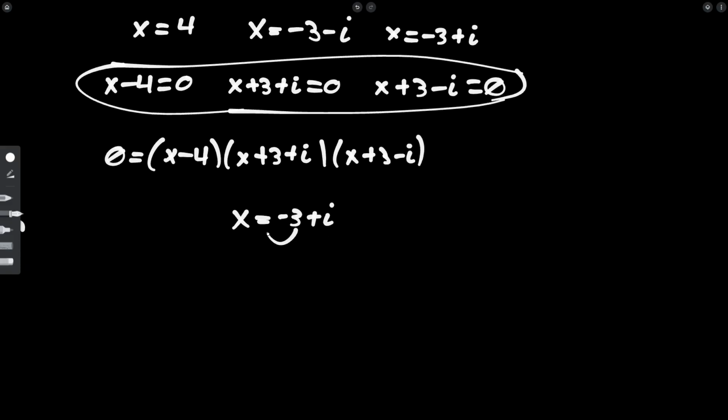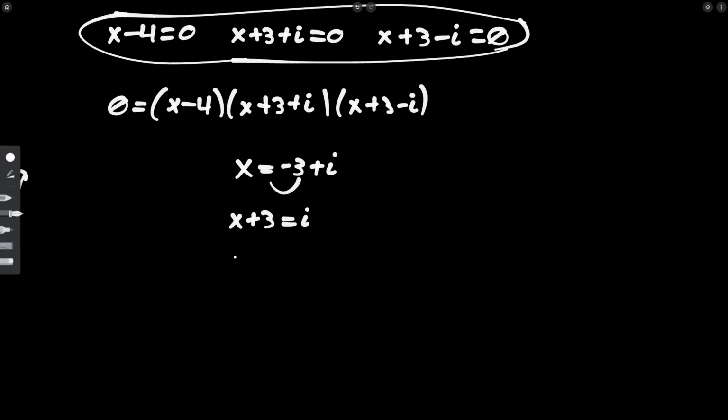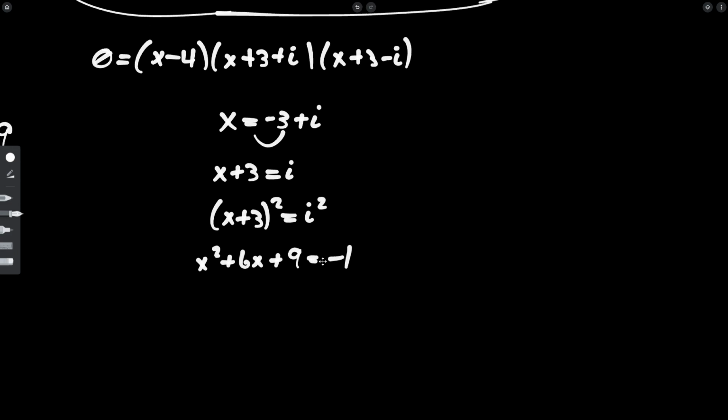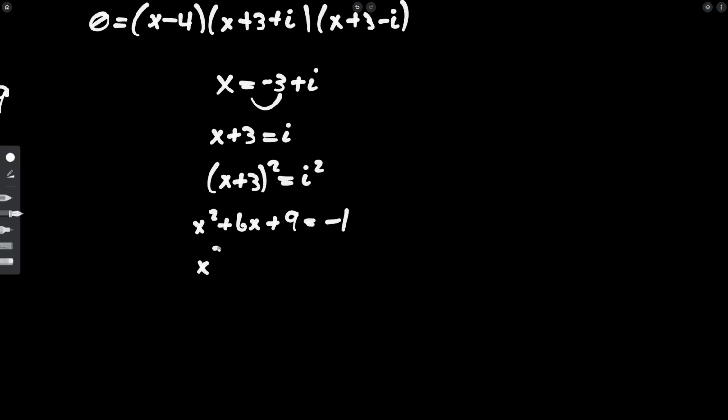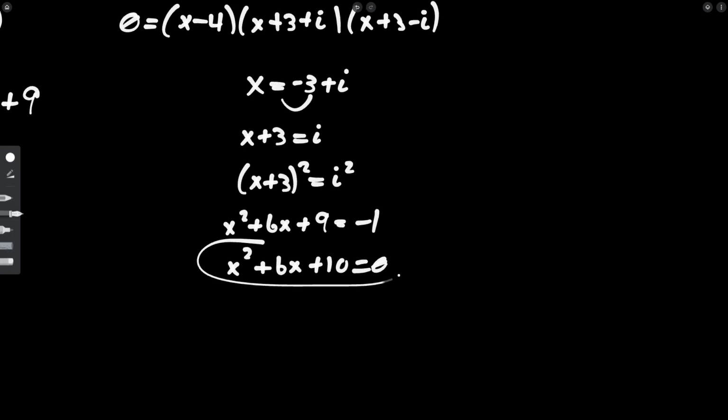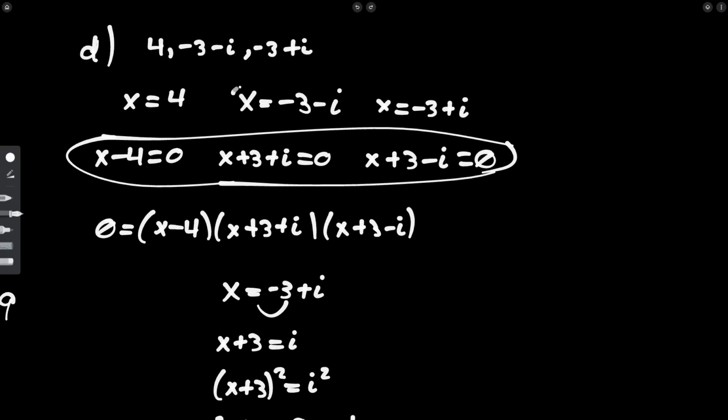I'll move this over. So that'd give us x plus 3 equals i. I'll square both sides. Like that. And this is correct, but only if we're working with these two.